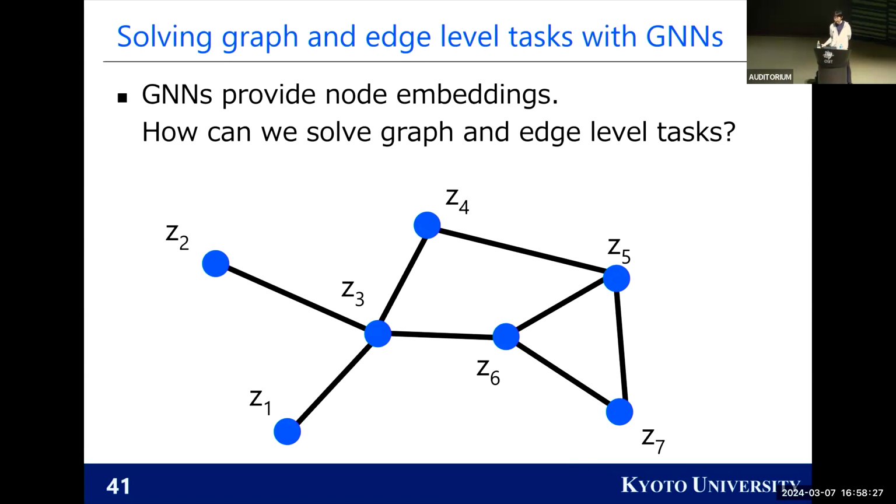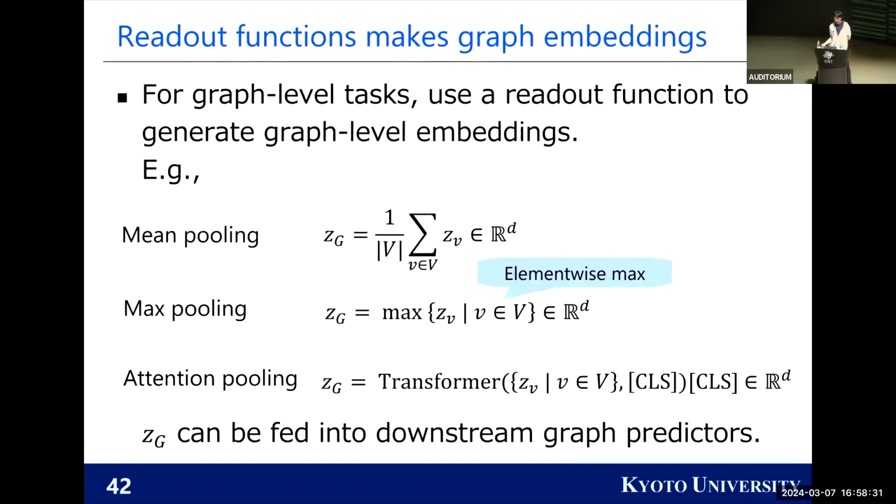How can we use these embeddings to solve graph level problems? The solution is very simple: just use a pooling function to summarize these node embeddings into one graph level embedding. The easiest choice is mean pooling, where we take the average of all the nodes.